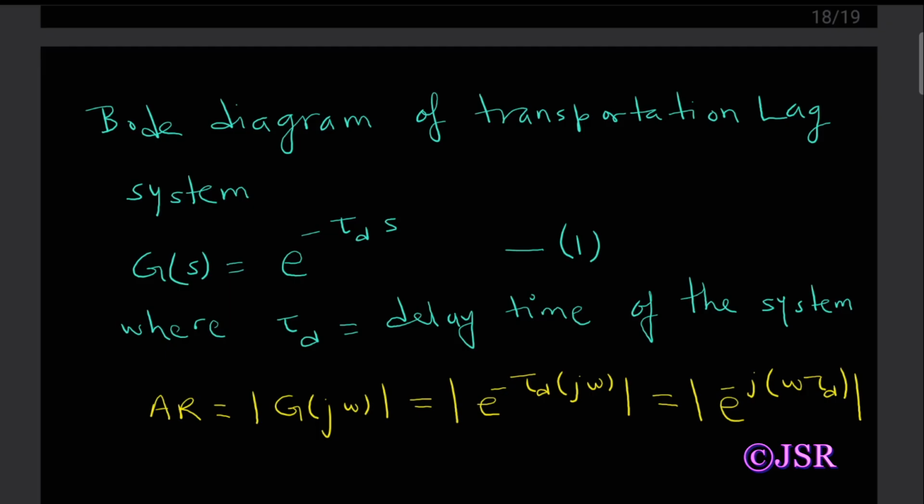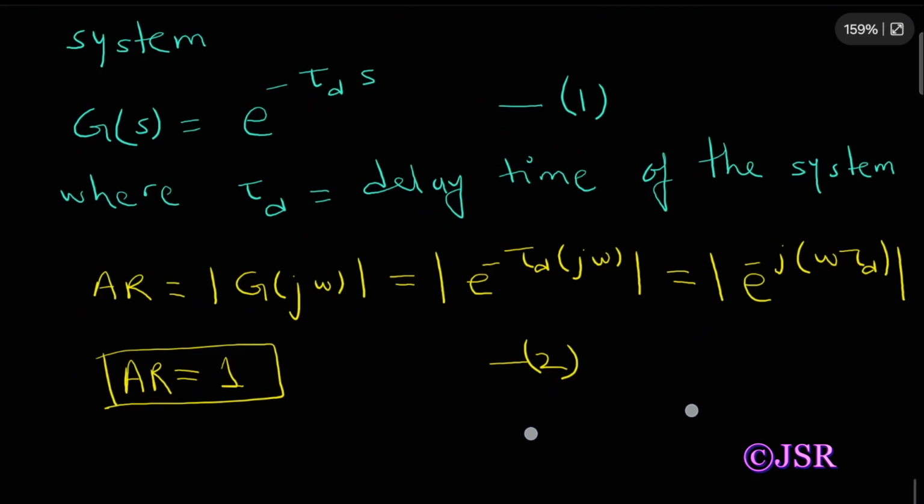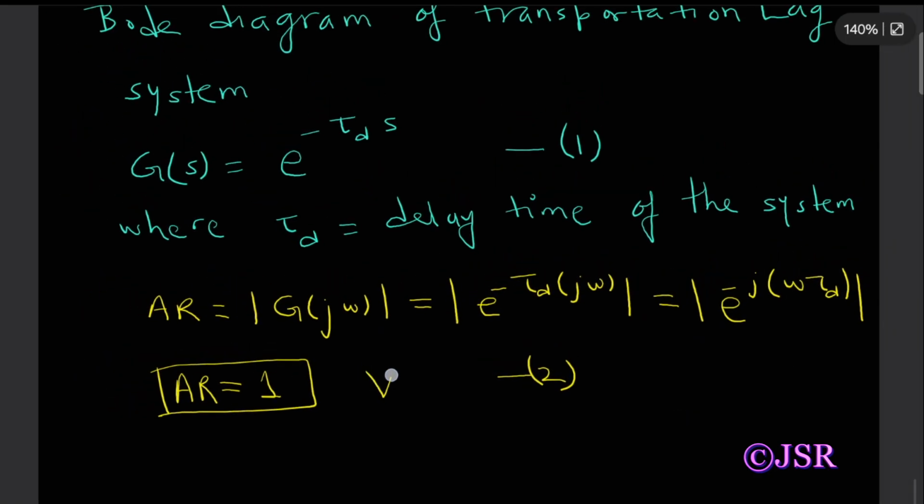The mod of the exponential is 1. So the amplitude ratio is 1 for all omega.